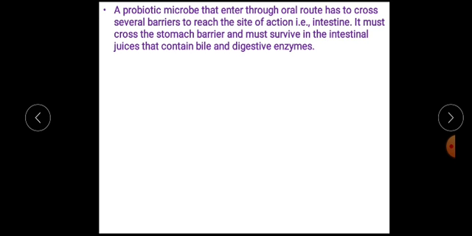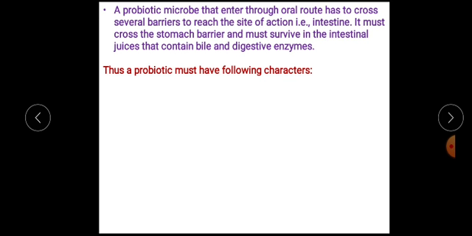So it has to cross several barriers to reach the site of its action, that is the intestine. These barriers are stomach acid, intestinal juices, bile, and digestive enzymes. All these are antimicrobial. So what should be the characteristic of a probiotic microorganism?